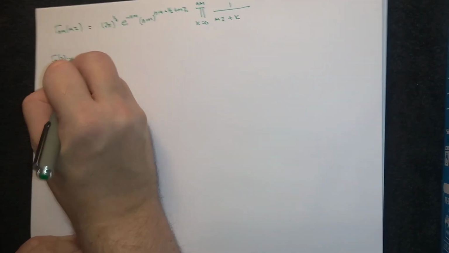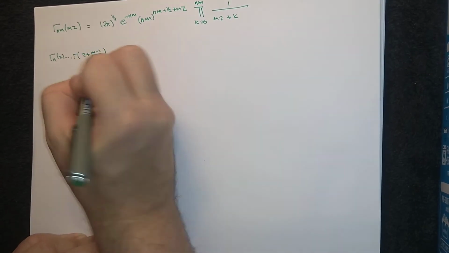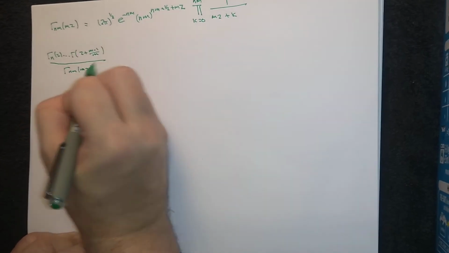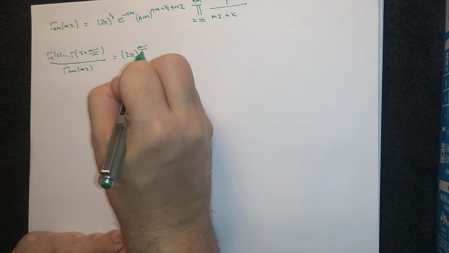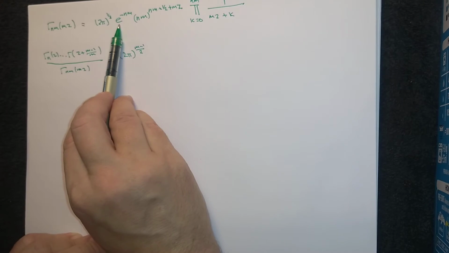Therefore, the ratio is 2 pi to the n minus 1 over 2. The e to the nm's will cancel off.